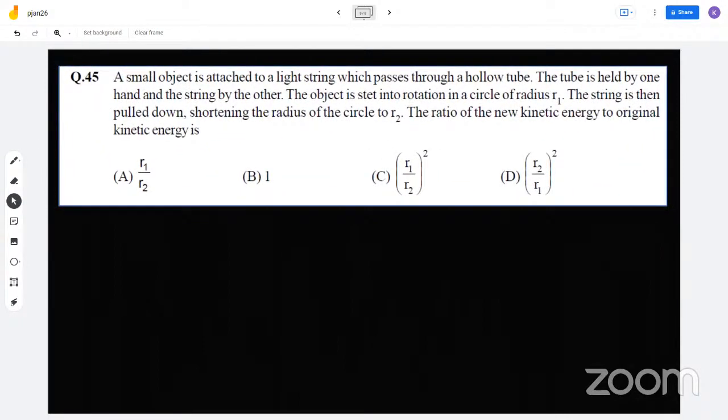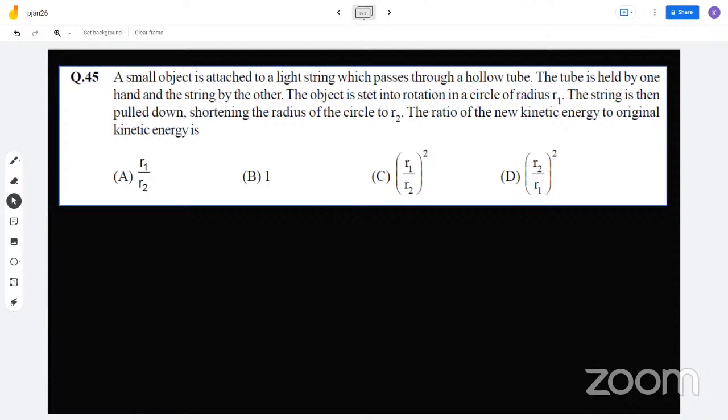Yes, guys, explain the diagram of this first.